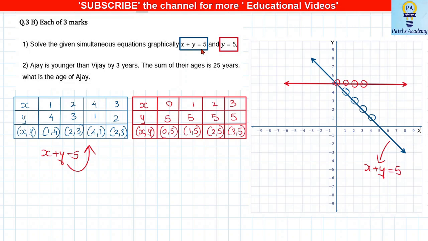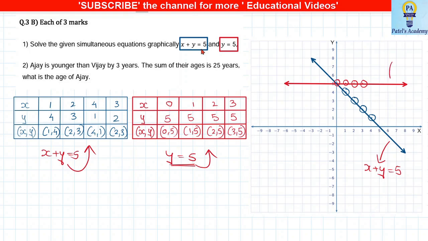The second equation is y equals 5. Now what is the meaning of y equals 5? See the box, students. The value of y will remain the same irrespective of the value of x. I've taken the value of x as 0, 1, 2, 3, but the value of y is still 5.